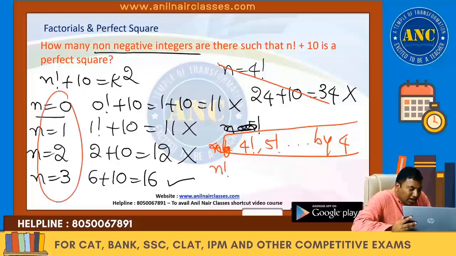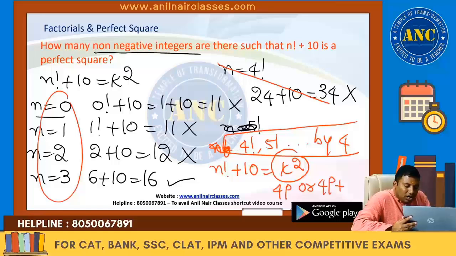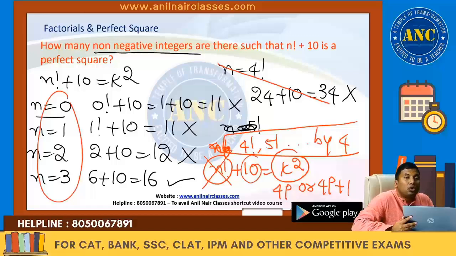Why? Because n factorial plus 10 is k square. K square is a perfect square. It should be of the form 4p or 4p plus 1, yes or no? A perfect square should be of the form 4p or 4p plus 1. From 4 factorial onwards, this is divisible by 4. 10 is nothing but 4 into 2 plus 2.